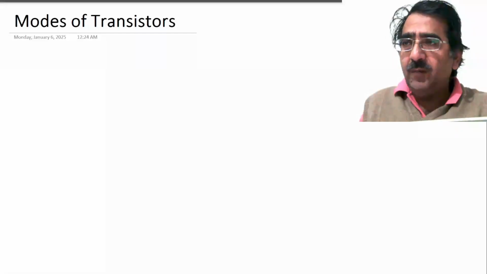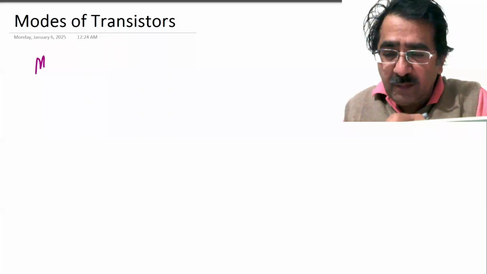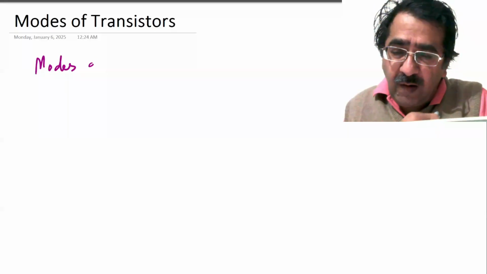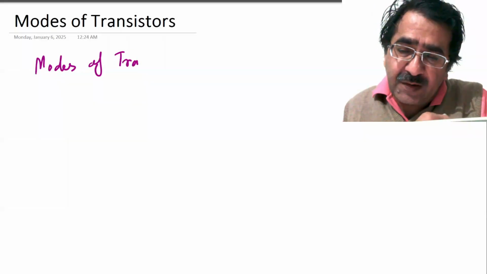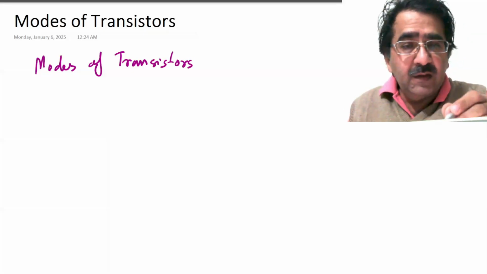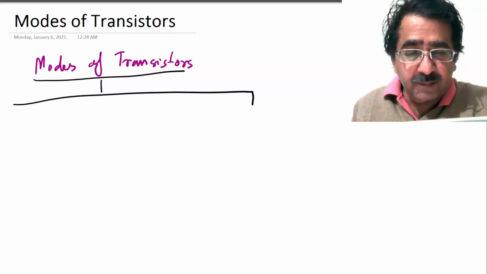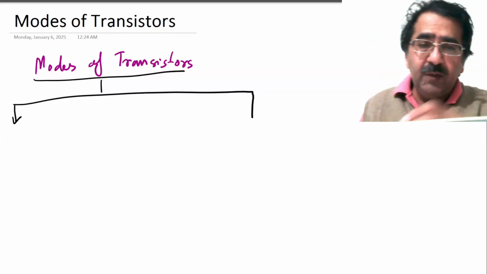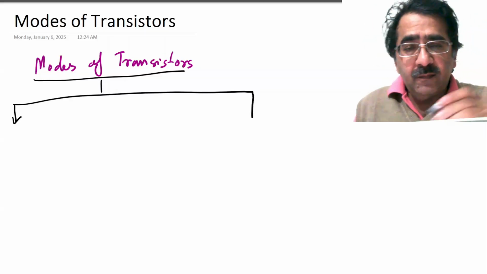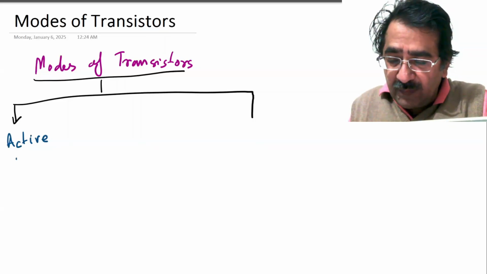Today our topic is about the modes of transistors. There are four modes of the transistors. The most important mode is active mode.